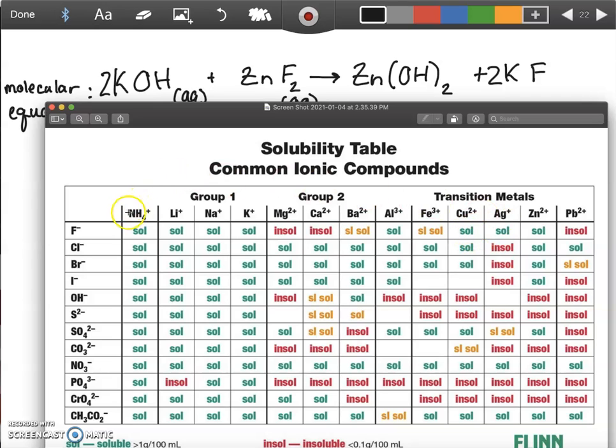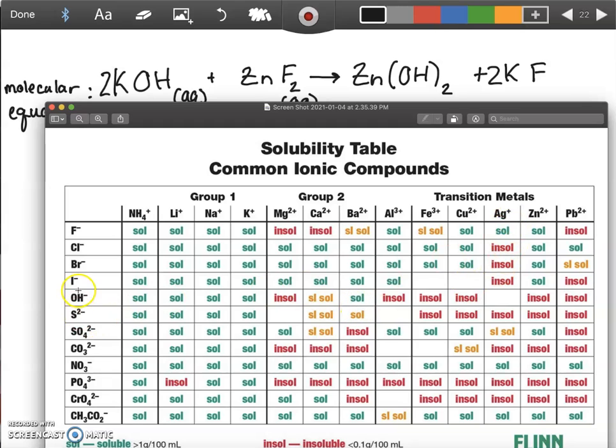We're going to come up here and you'll see that the positive ions are along the top portion of the solubility chart. Looking for zinc 2, it's right here, Zn2+, and we are going to go down this chart until it lines up with the hydroxide ion over here on the left-hand side.